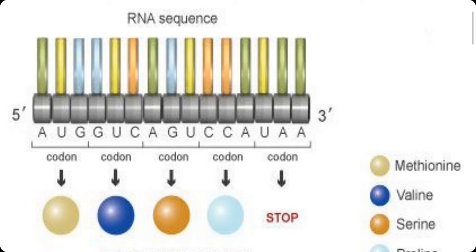So altogether, it is 4 times 4 times 4, 64 possible combinations. So nature is using 64-bit to compress information to make it as compact as possible, because our DNA is really huge.